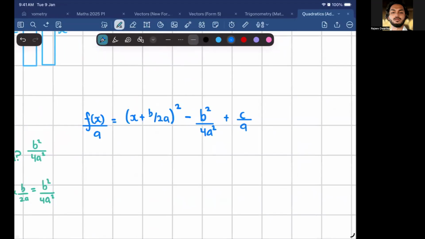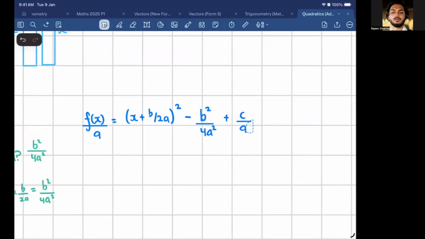Serena, you should be able to see that it's forming. It's starting to look like the completing the square form. You've seen it, Serena? I think so. Okay. Let me continue then.